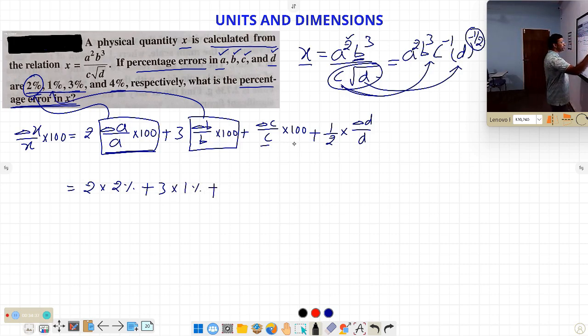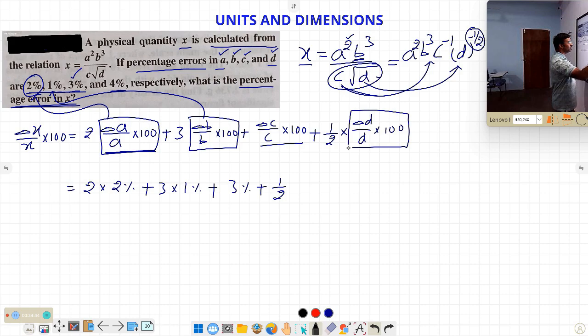Plus the percentage error in the c value, how much? The third one, 3% directly. There is no other number. Plus the last one, half into delta d by d into 100. What is the percentage error in the d value? That is 4%, so half into 4%.